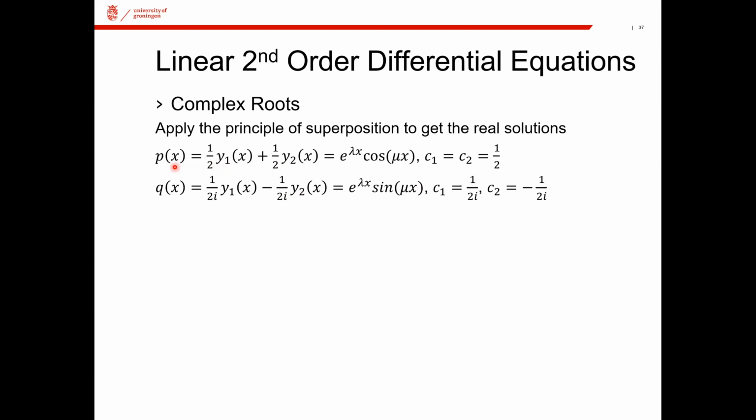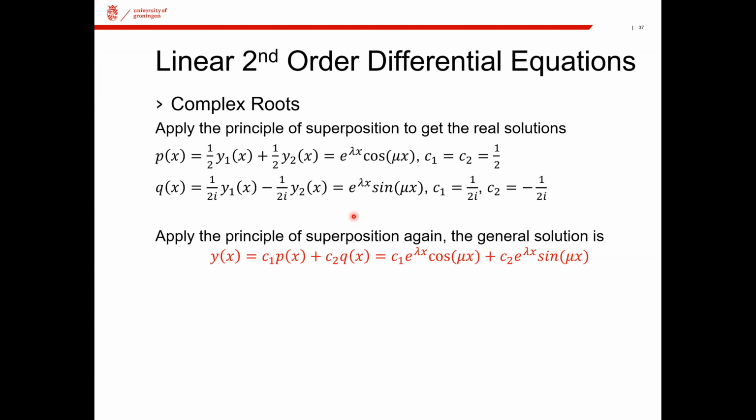Then after we plug in y1(x) and y2(x), we can calculate p(x), and p(x) will be e to the power of lambda x times cosine mu x. And similarly, for q(x), we set c1 and c2 equal to 1 divided by 2i and minus 1 divided by 2i. And then we will have q(x) equals e to the power of lambda x times sine mu x. Well, these are just some calculations.